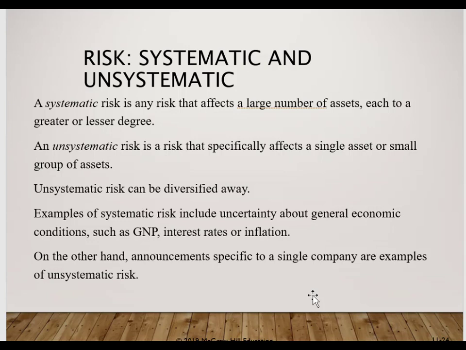Statistics essentially is a function of averaging. So these unsystematic things are outliers. Some are positive, some are negative. So when you average them, they ultimately disappear. When you have things that are systematic, right? Economic conditions, sometimes political things, inflation, you can't get rid of those things, right?